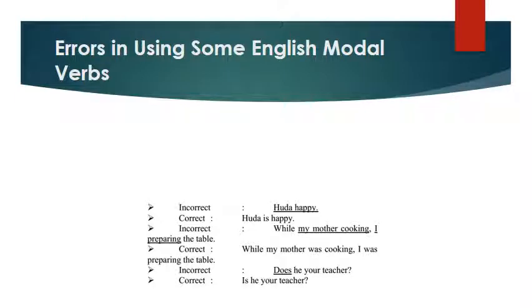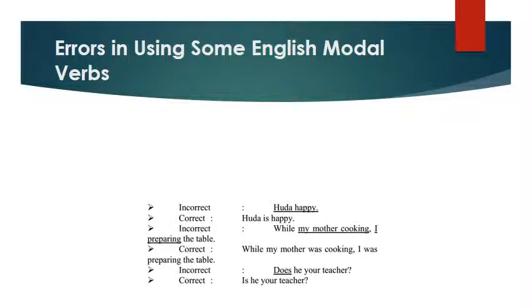So, errors in using some English modal verbs. Here, this is another kind of error that is committed by Arab learners and related to modal verbs. And of course, you know what modal verbs are.